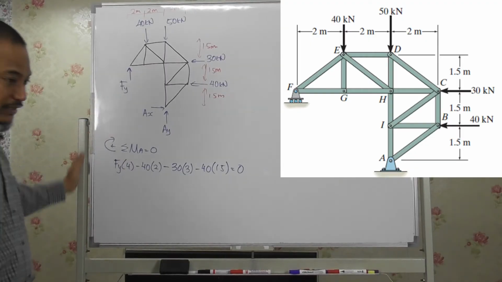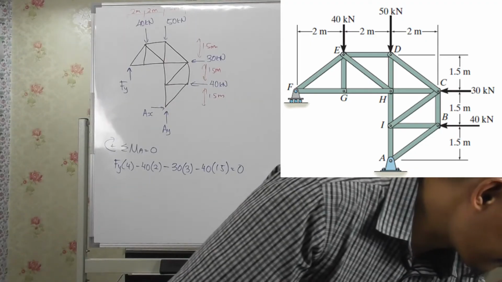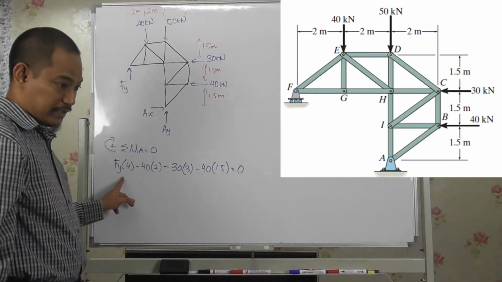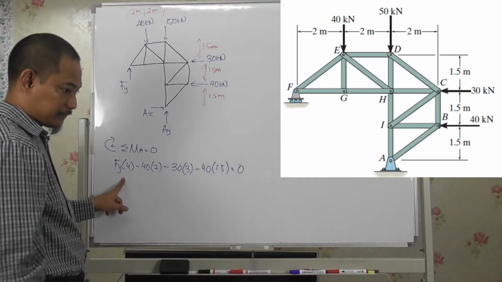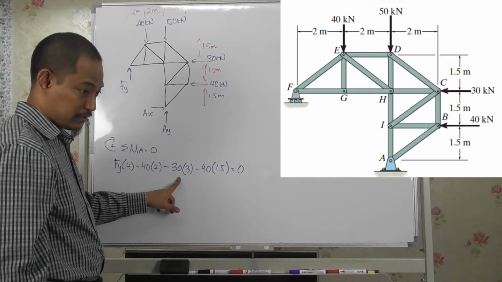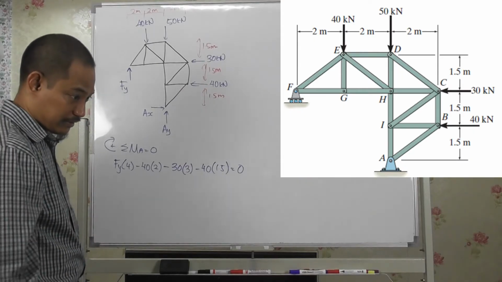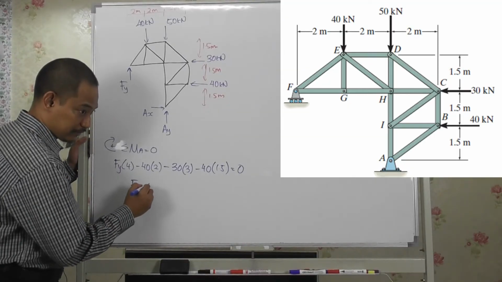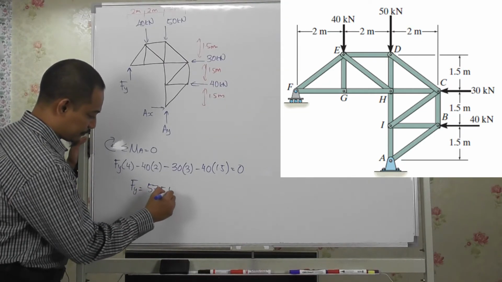And then if you calculate this, so just checking, Fy times 4, 42, 33, 41.5, then you'll get Fy equal to 57.5 kilonewton.